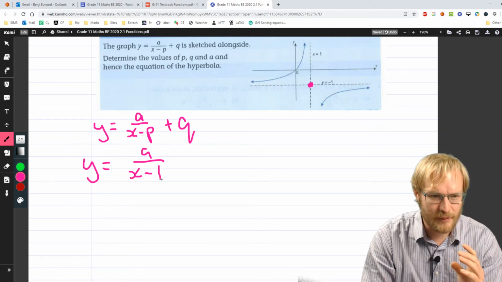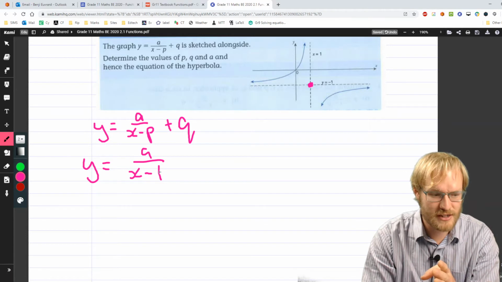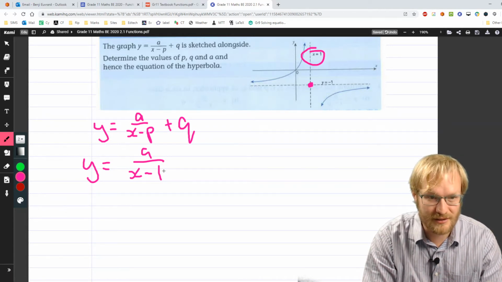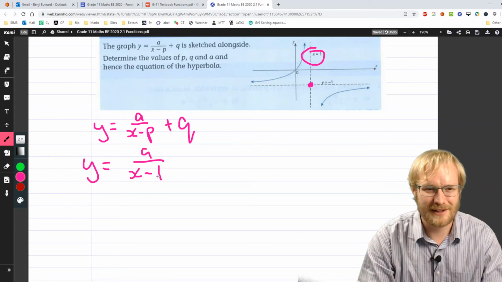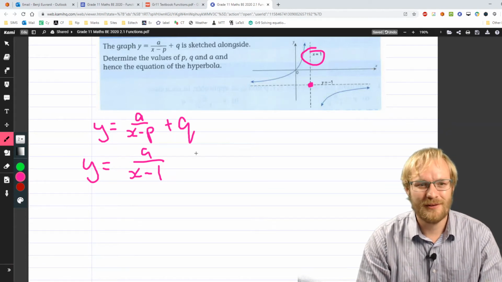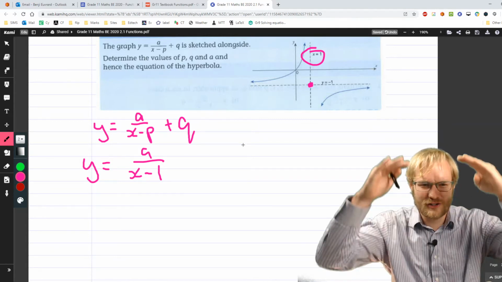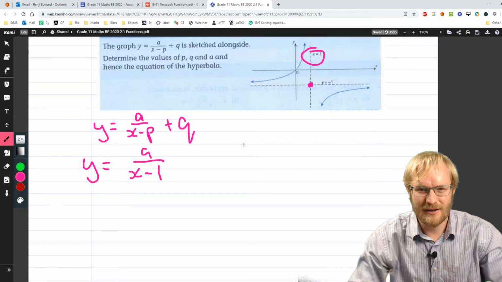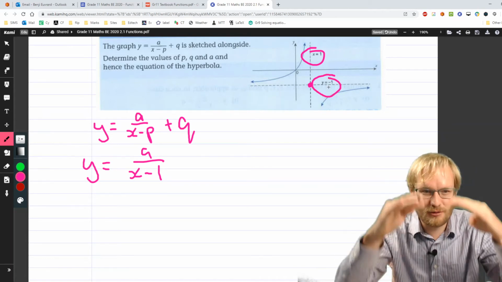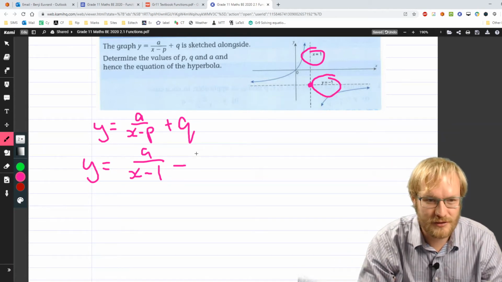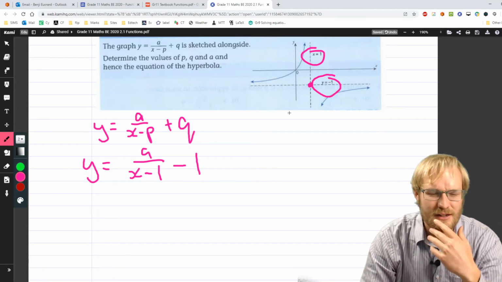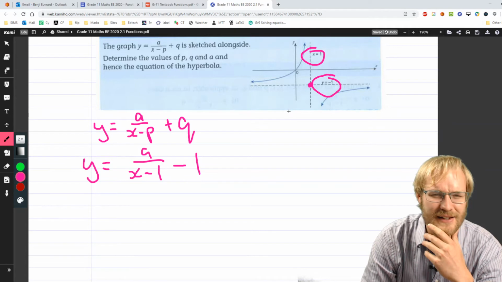So it's minus 1. It's subtracting 1, and 1 is that value. That 1 just fits in right there, but it kind of feels like the opposite, if that makes sense. And then our q value is how much it's moved up or down by. It's moved down by 1, so q is negative 1.